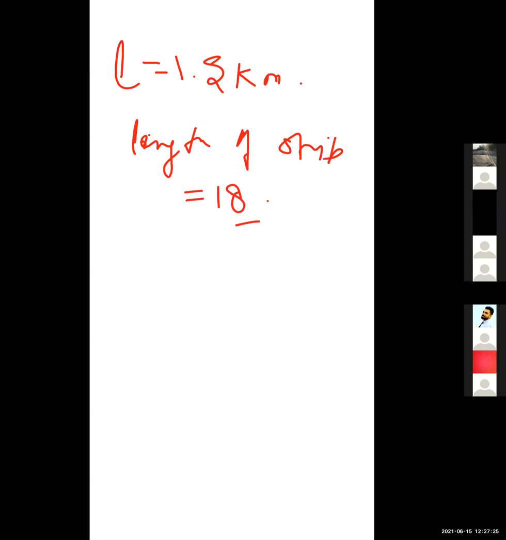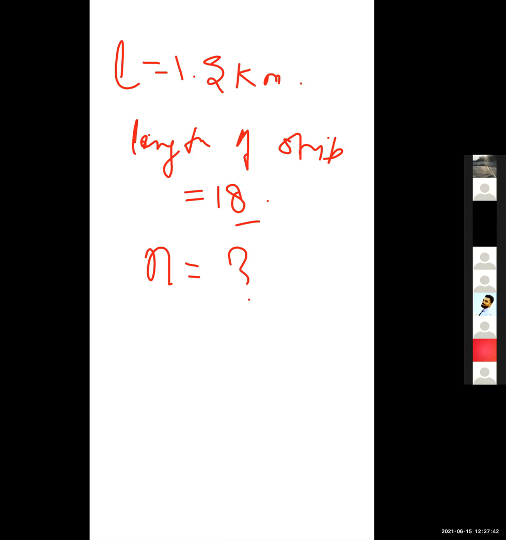Okay. Then total number of photographs required if total length is given and length of a strip is given. So what is the value of total number of photograph required?